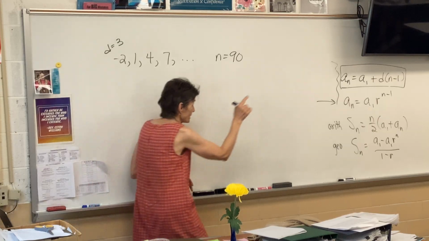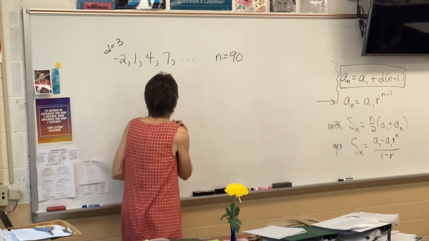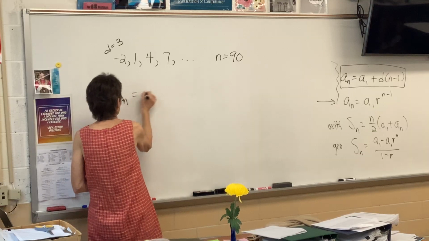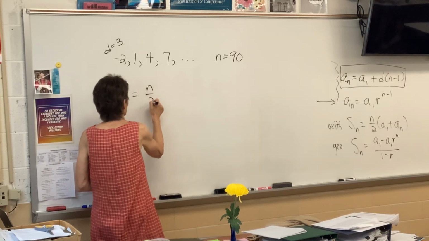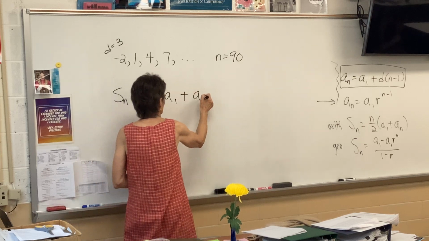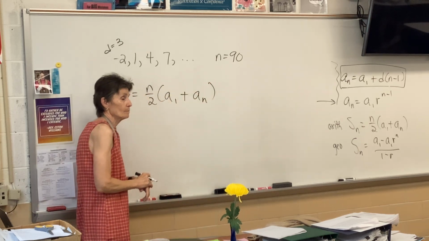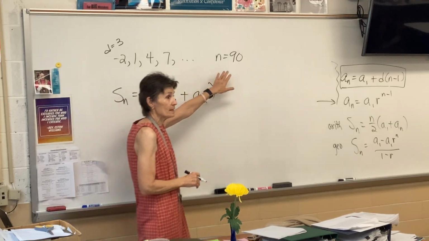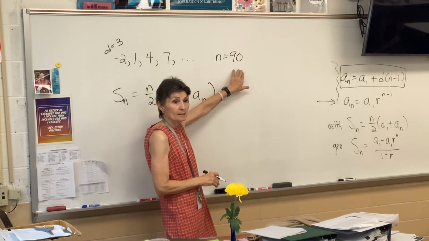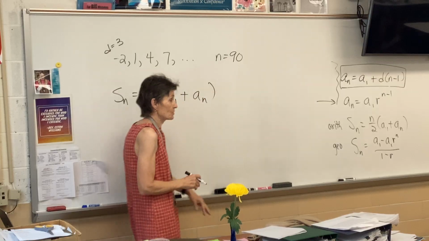So I am using this formula right here. So S sub n, here's my formula. Now they want me to add up 90 of them. So n is 90.